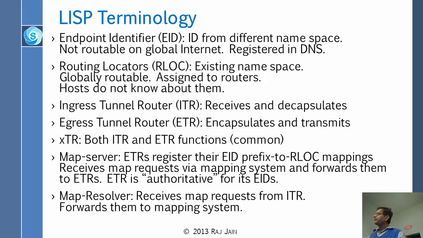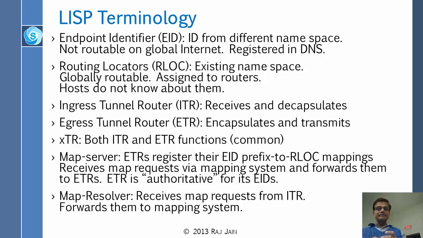The map server is where the ETRs register their EID prefix to RLOC mappings, and they receive the map requests from the mapping systems and forward them to ETRs. So basically, the tunnel routers use the map server to register as well as to get information. That is the directory where you go, not DNS. DNS information doesn't change, but the map server information changes as people move.